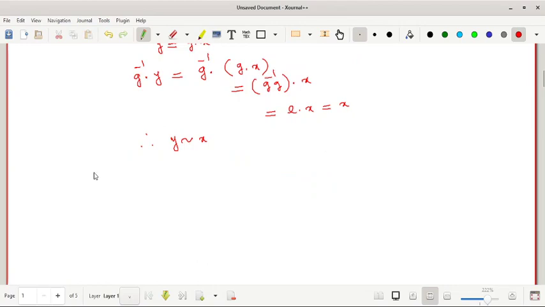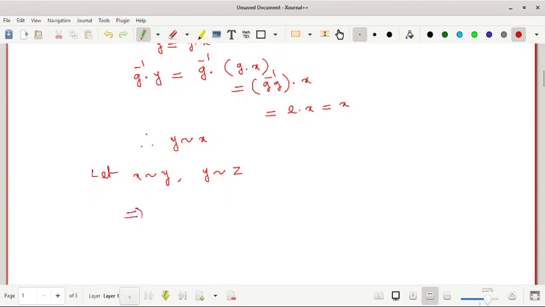For transitivity, let x be related to y, and y related to z. I am writing informally, I am not writing let x, y, z belong to X such that this, but you have to write it.